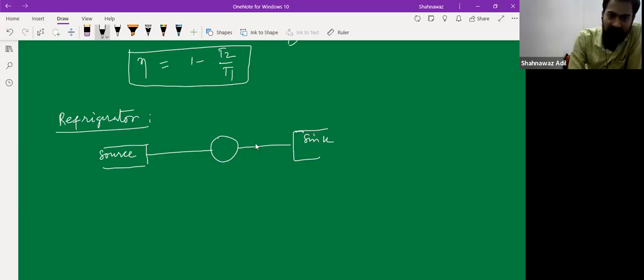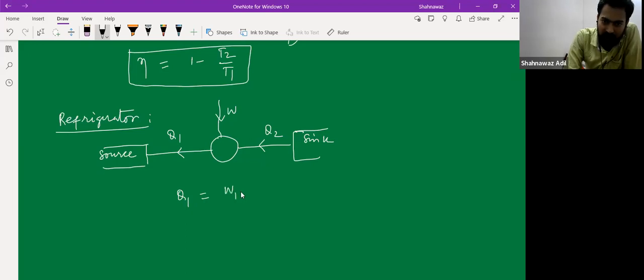But for the case of refrigerator, we take some heat from the sink, and the work is done on this system, and then it provides some heat. Okay, so this is called the refrigerator. So from the energy conservation, you can see that your Q1 would be what? W plus Q2, right?